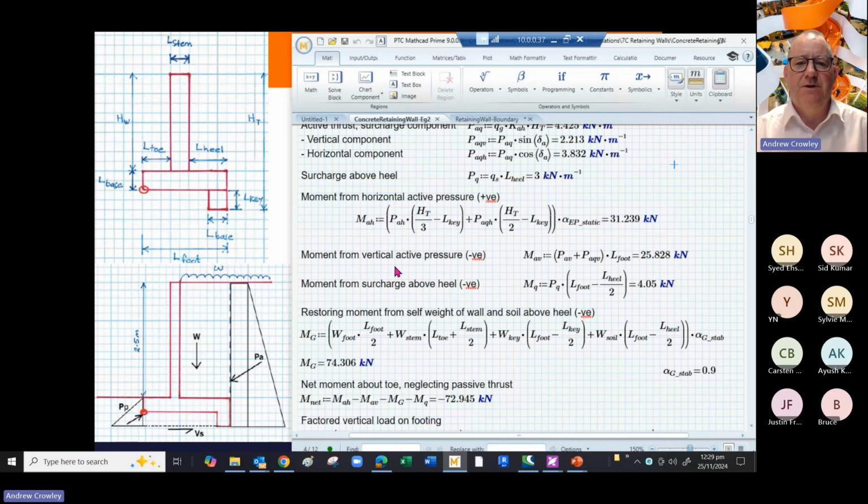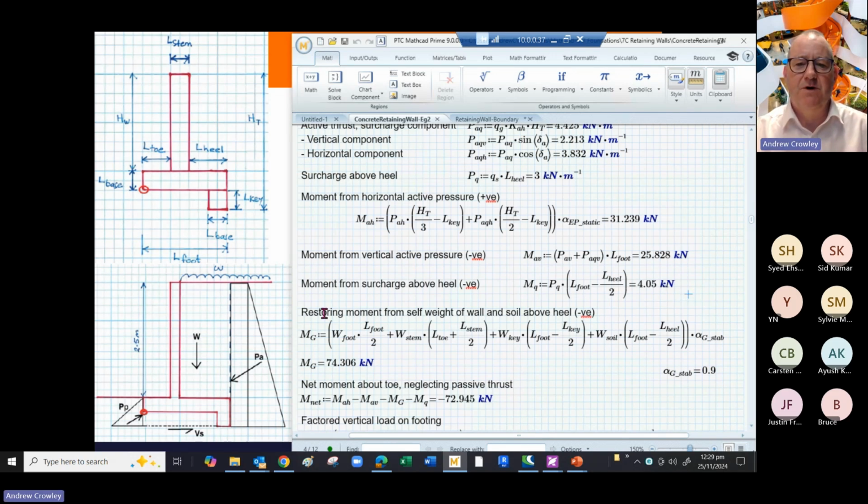The moment from the vertical active pressures, the vertical components, which potentially can be restoring, works out as 25 kilonewtons. That really should be kilonewton meters per meter. And the moment from the surcharge soil above the heel, and again that's restoring, is 4.05.